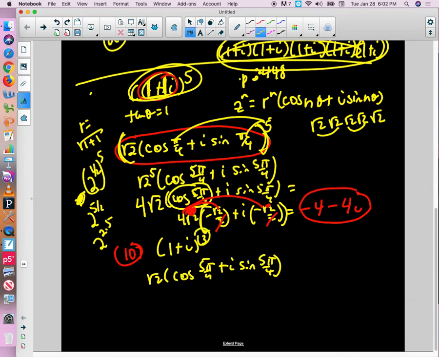And then I raise all of this to the third power. When I do this, it's just rewriting the number. This is a square root of 2. All right, so you have root 2 to the third power.